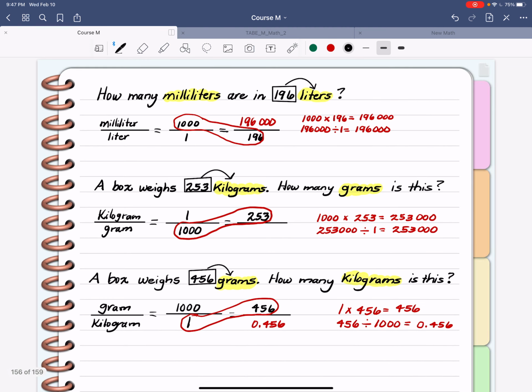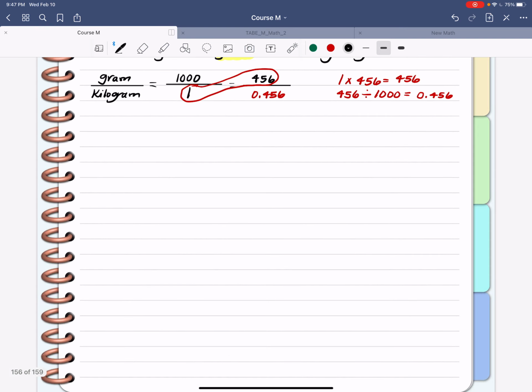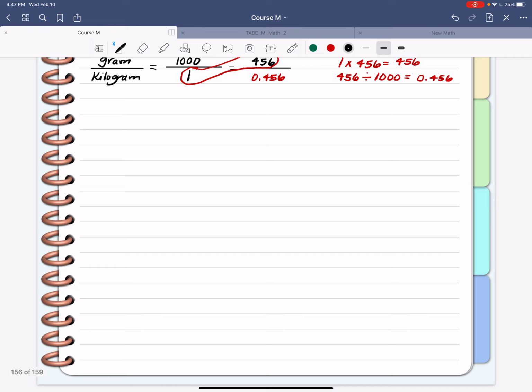Okay, we did a capacity, we did a weight, so let's do a distance. So let's keep doing word problems, application problems.